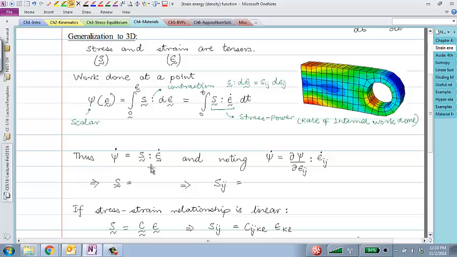Essentially, it is saying that at a material point, the rate at which I'm doing external work is going to be the same as the rate at which I'm storing internal energy in that point. So all we've done is just added a rate term to that. It's pretty much exactly the same as saying that work done at a point is equal to the strain energy stored at that point. Not only that, but the rate at which we are doing work is also being stored at the same rate of energy stored.